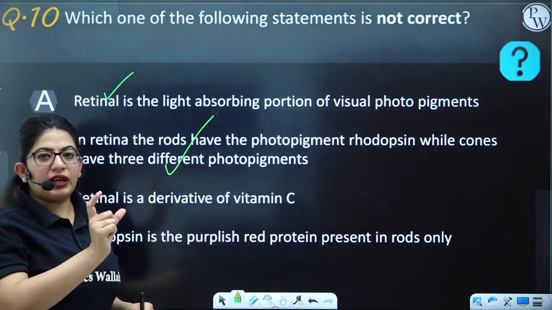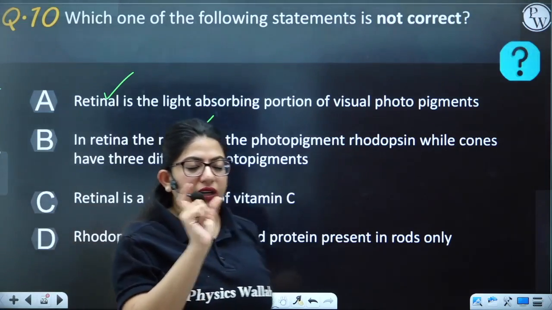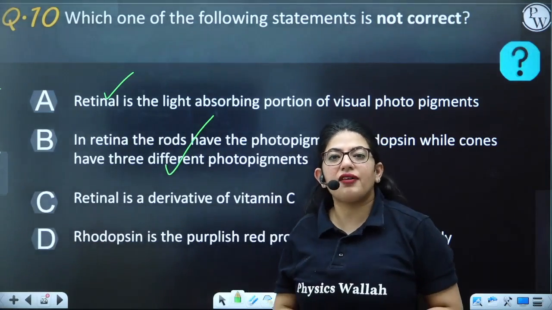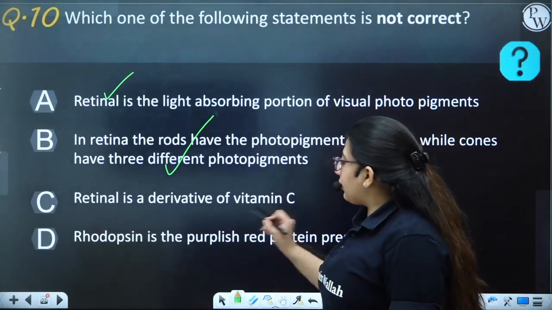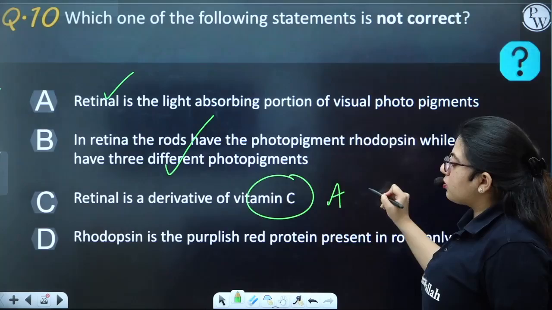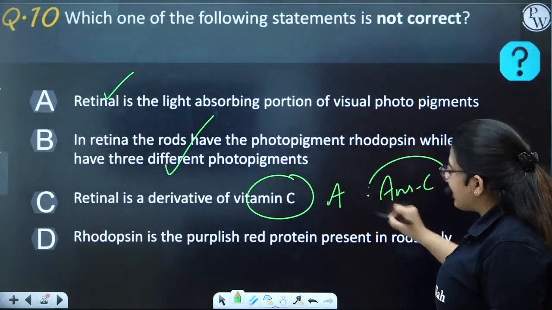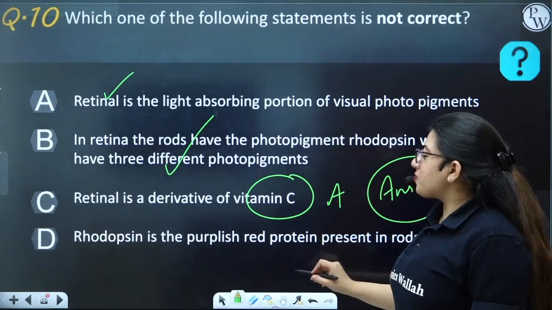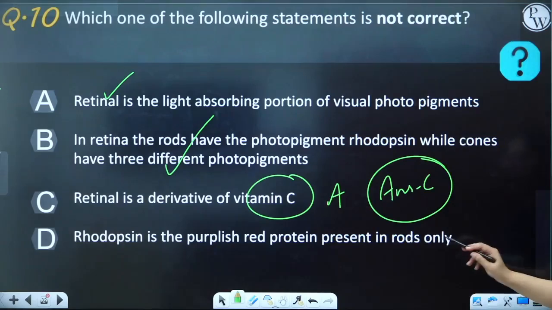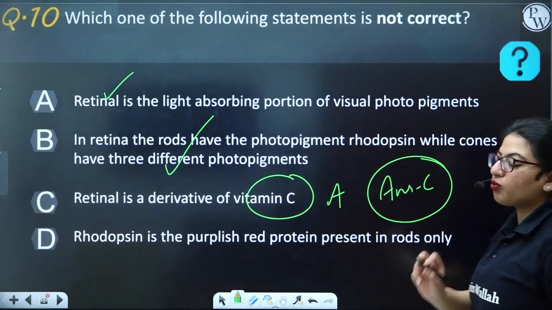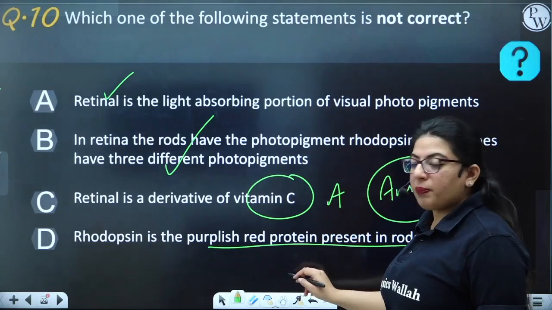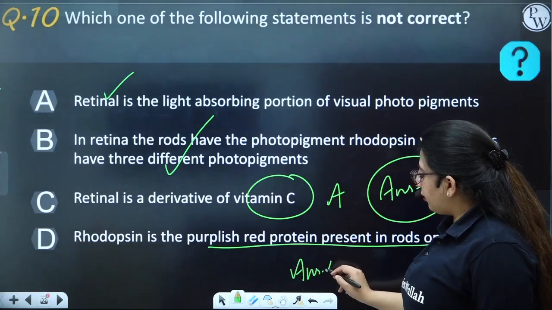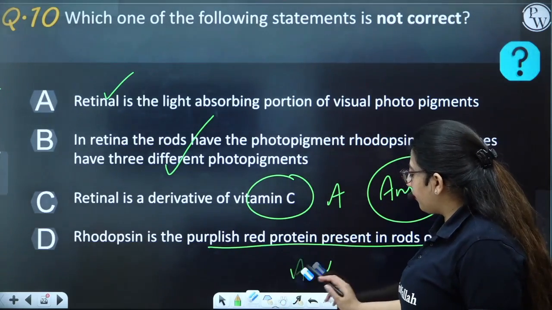Rhodopsin has only one type of protein called opsin, whereas cones have chloropsin, cyanopsin, erythropsin. Retinal is a derivative of vitamin A. So this is incorrect, so the answer is C. Again, C has come. Rhodopsin is a purplish red protein present in the rods only. Very true. What's the color of this protein? Purple color. So the answer is C. Okay, I have written it already.